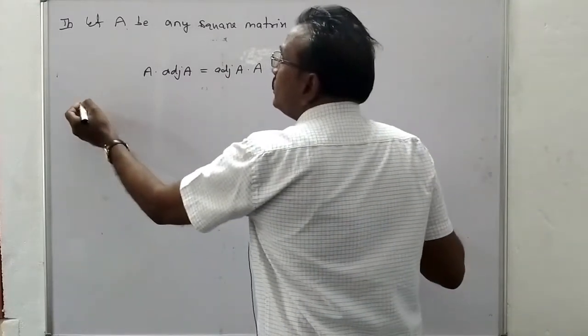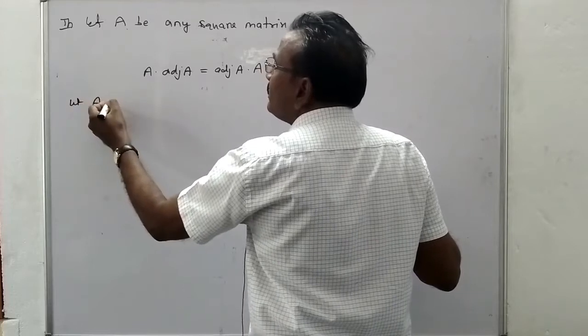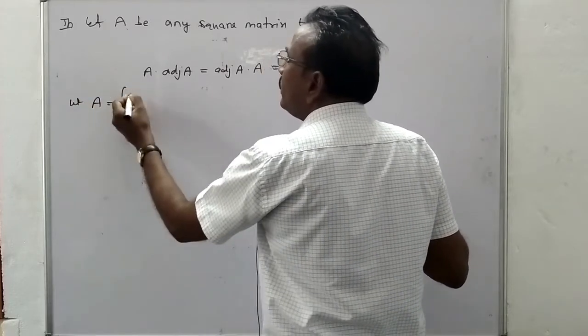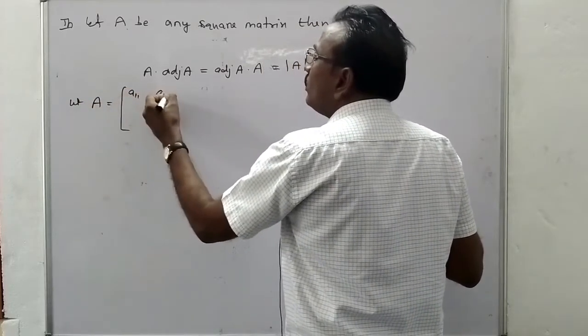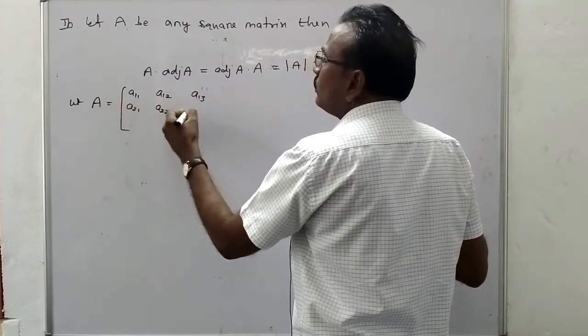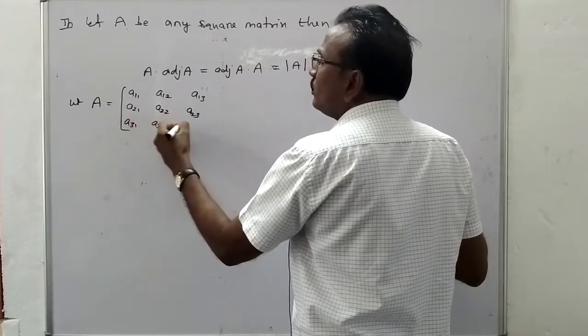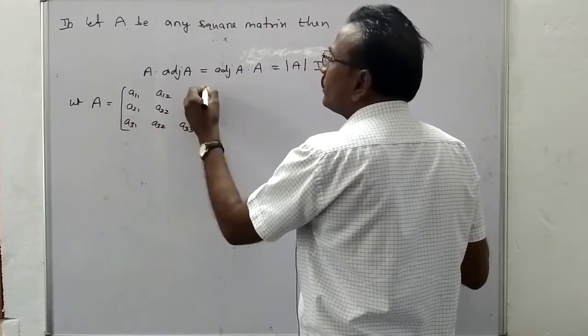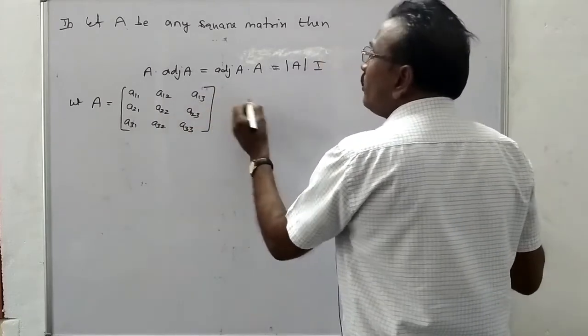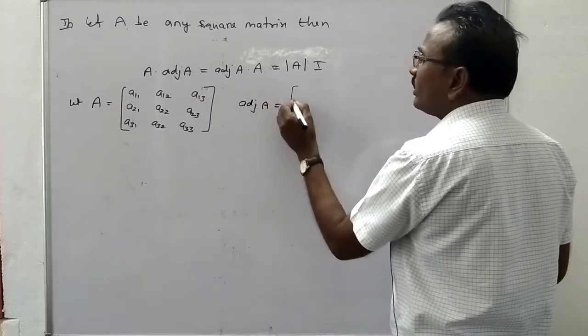Now the question is, let matrix A be A11, A12, A13, A21, A22, A23, A31, A32, A33, and the adjoint of A is the transpose of the cofactor matrix.